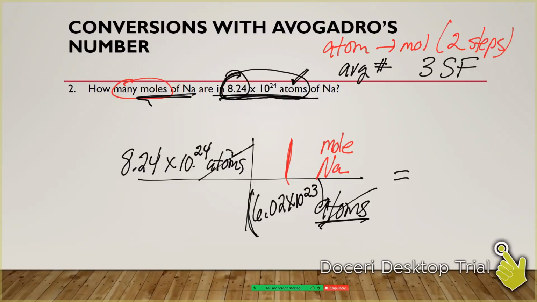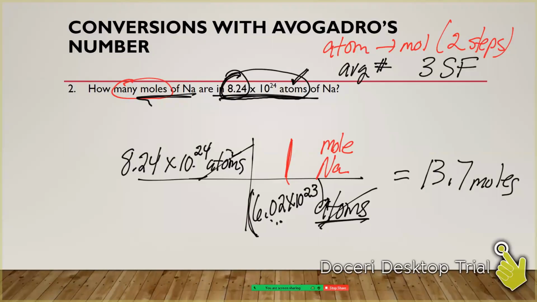Kelly, what did you get on that one? I got 13.7 moles. Did you put Avogadro's number in parentheses? Okay. Yeah, take that number and then divide it by Avogadro's number in parentheses and see if you can't get that.